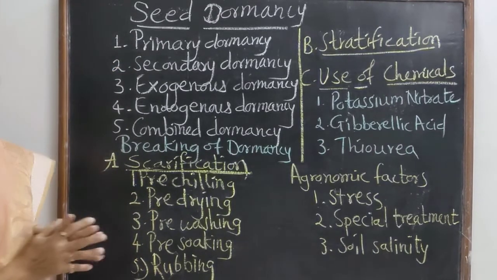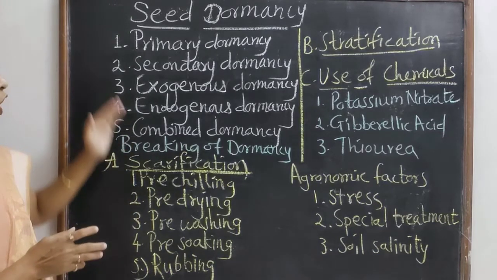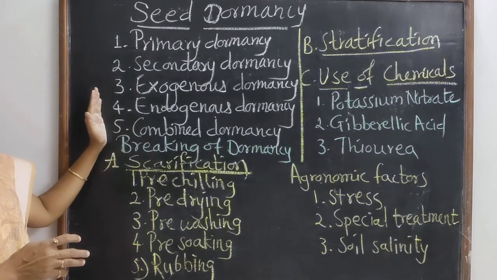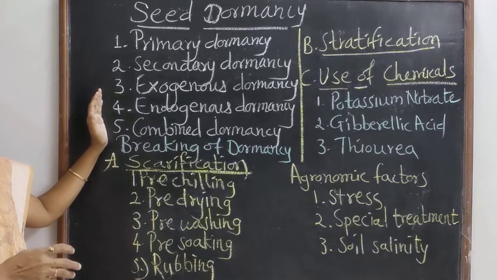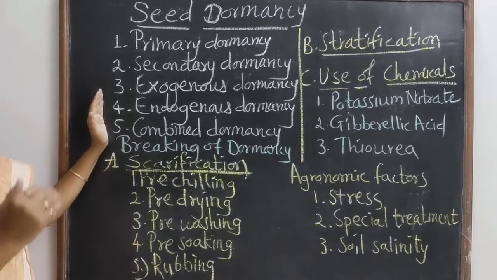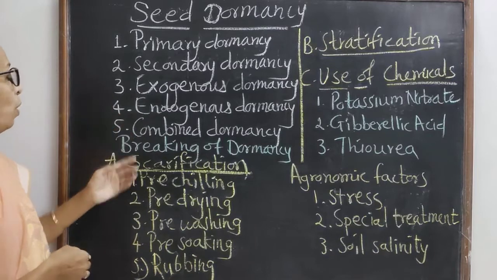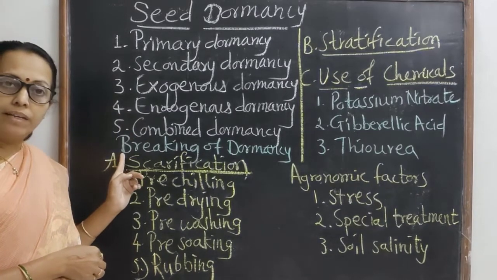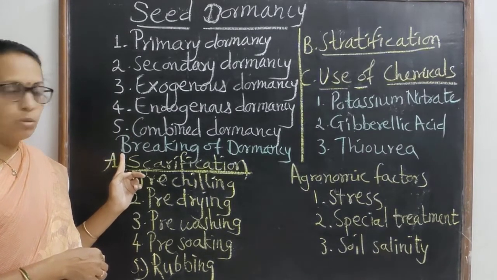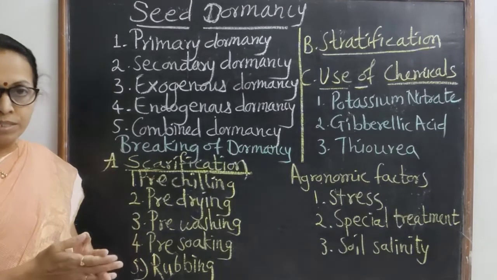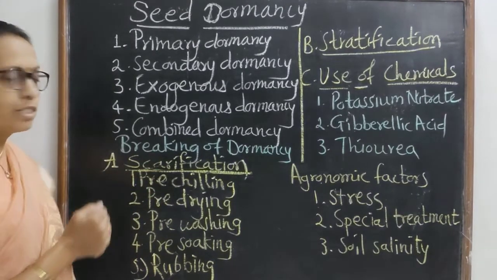So, taking into consideration all these reasons because of which seeds remain dormant, we can overcome this dormancy, or we can break this dormancy. There are different ways of breaking this dormancy.